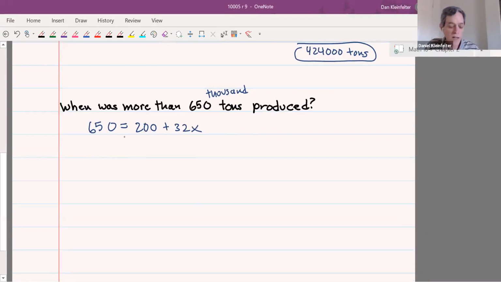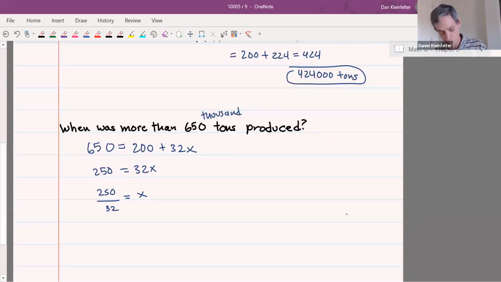Okay, so subtracting 200 from both sides, we'll have 250 is our 32x. And then we need to divide. So we'll have 250 by 32, that will be our x. So let's calculate that and get an answer. So this works out to be 7.8125.